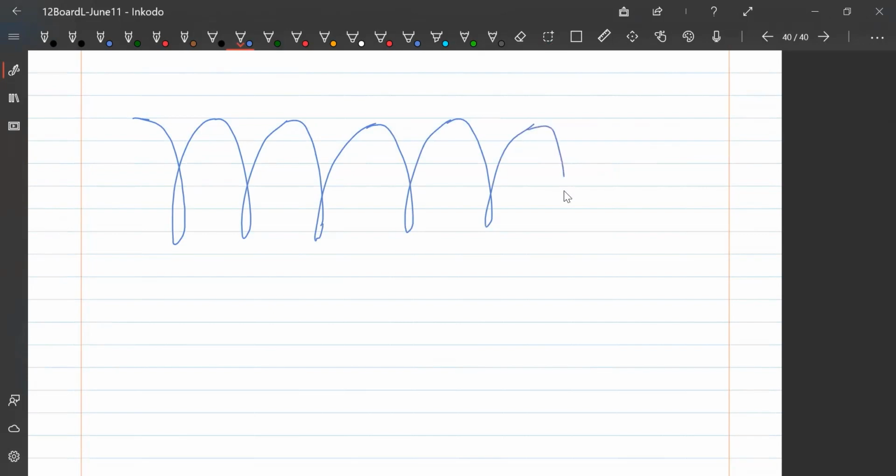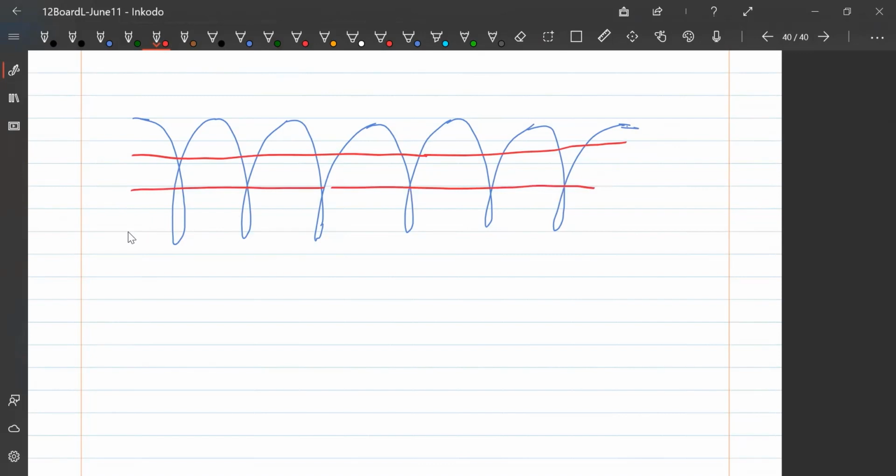Draw it like this. For a solenoid, the magnetic field is inside, and if it's a long solenoid, it will be a straight, uniform magnetic field. The magnetic field is only inside the solenoid.